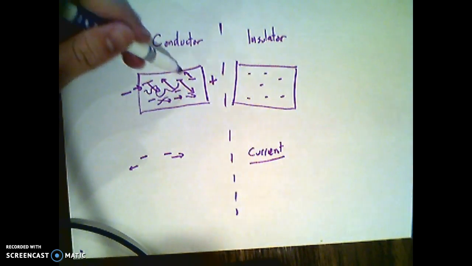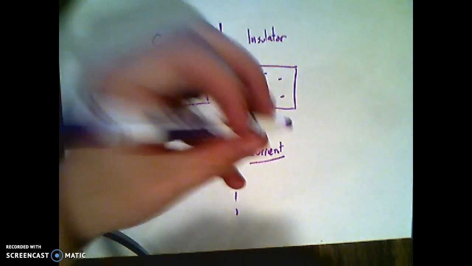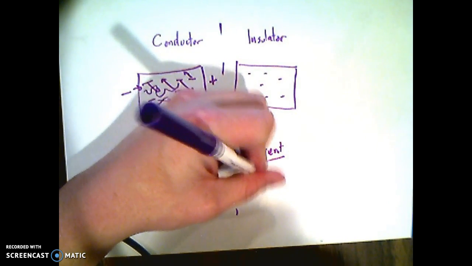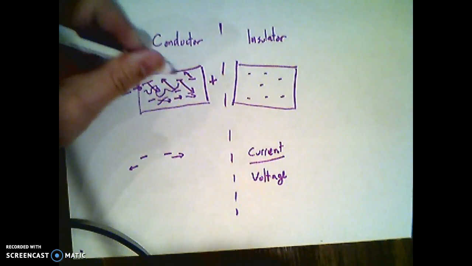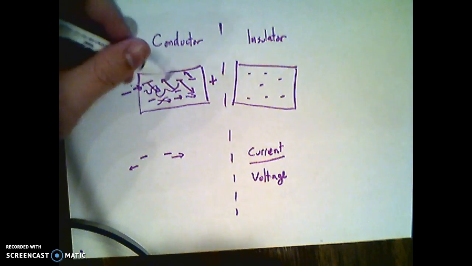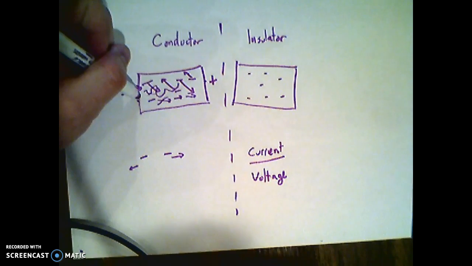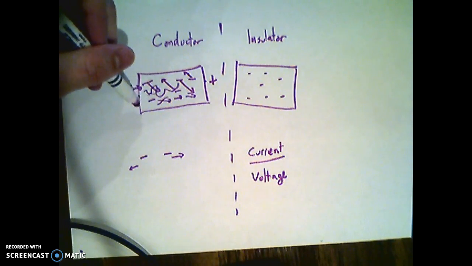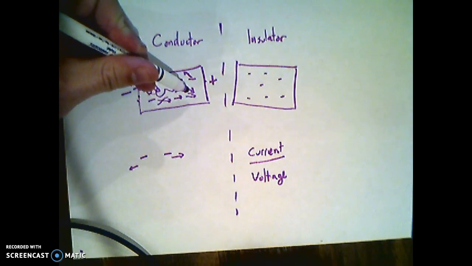The name that we give for that push and the measurement of how much push we're giving is voltage. When we apply a voltage, another word for this is a potential difference, across some region of a conductor, then it's going to cause electrons to flow. It's going to create a current.